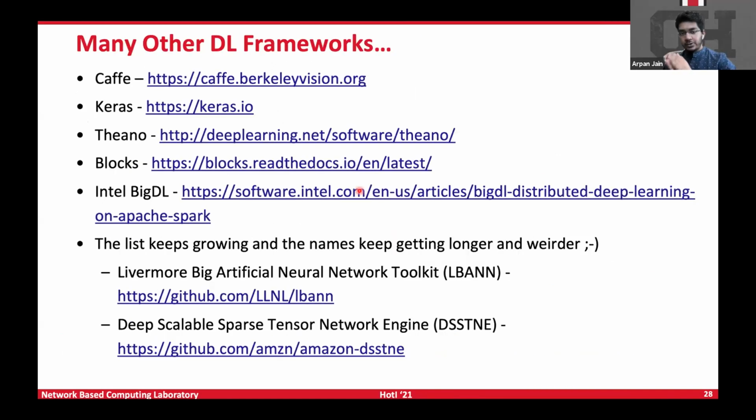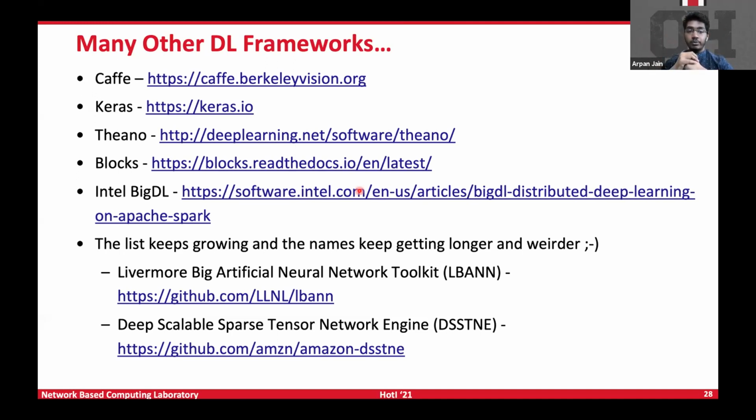Okay, sure. LBANN is an interesting framework because, in contrast to other frameworks which were designed for a single node first, starting with single node performance and then introducing support for distributed training, LBANN was designed for high performance computing systems.